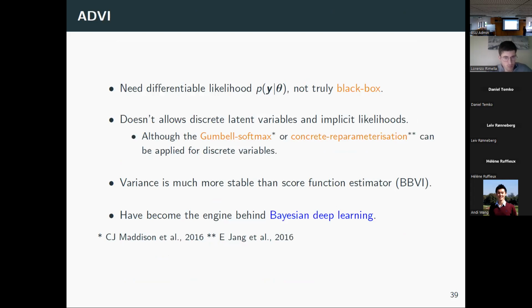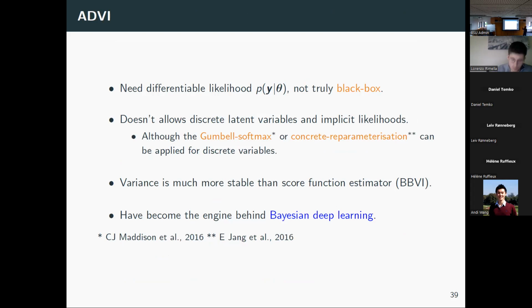To summarize, it's not truly black box. For example, if I have an ABC problem, this is not useful. The score function is more useful if you can manage the variance. Upfront, it does not support discrete latent variables, but there are tricks like the Gumbel softmax trick, the reparameterization of a categorical variable.